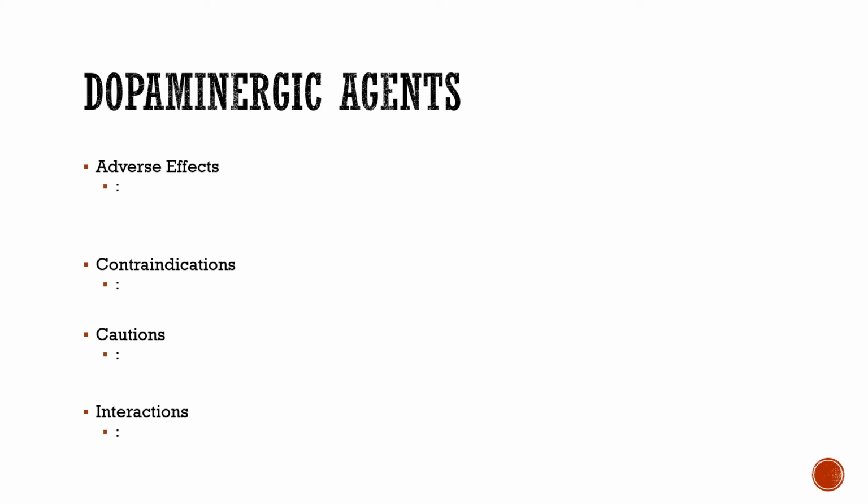Back in the day, they used to associate these with melanoma. Recent research shows that that may not be as direct as they think. However, if a person has melanoma, we need to be very careful with these medicines. So contraindications, again, if they have a history of melanoma, it's going to be a risk-benefit type thing, but they need something.